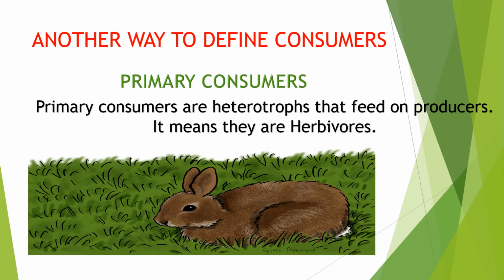There is also another way to define the consumers. First is primary consumers. Primary consumers are heterotrophs that feed on the producers. It means they are herbivores. They are directly dependent on the producers for their food.